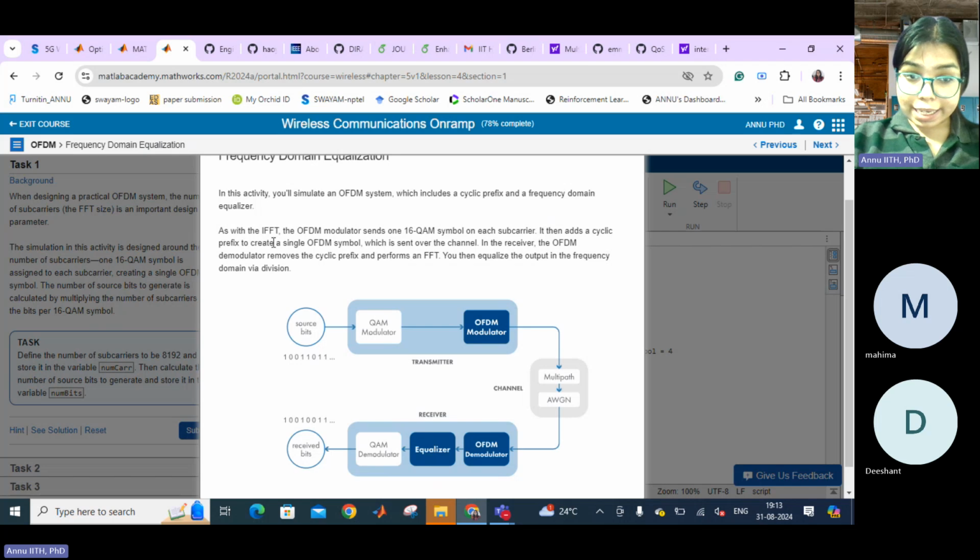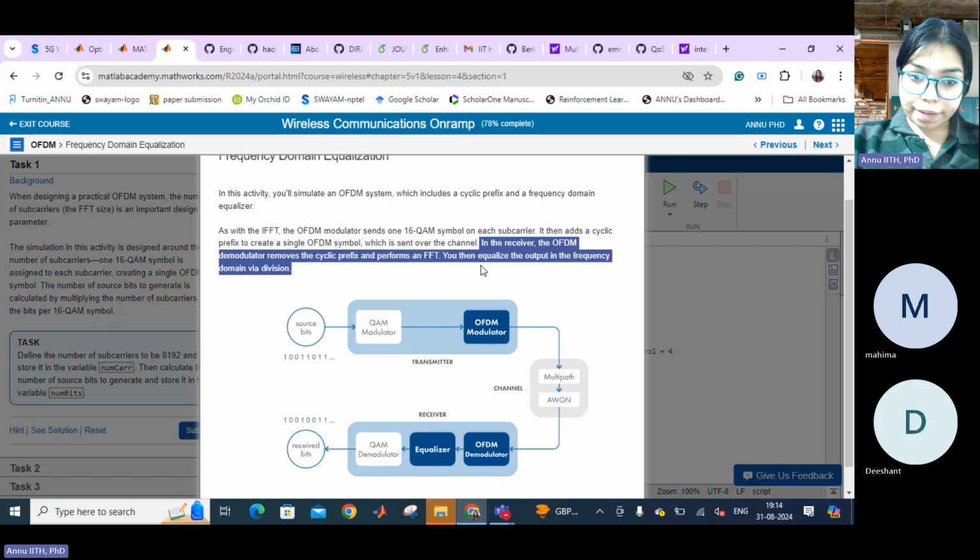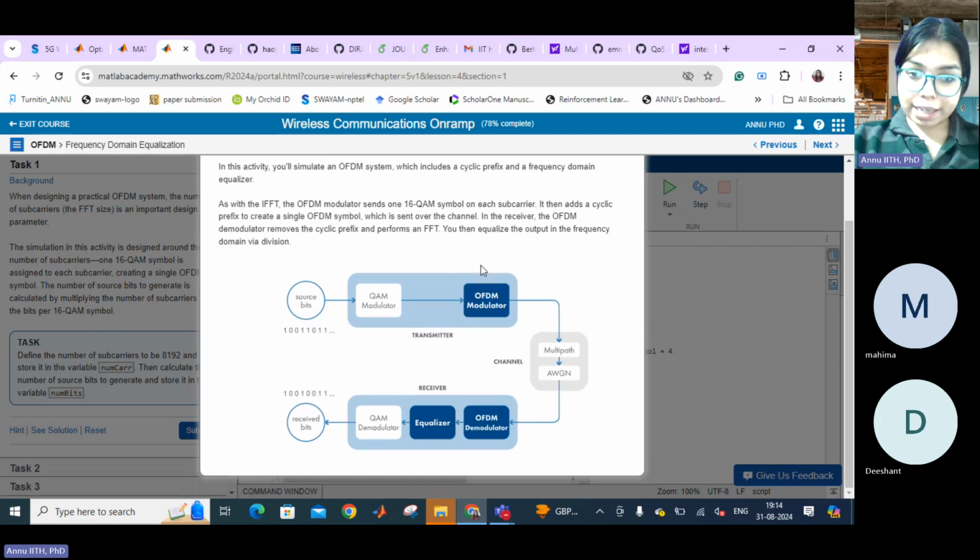It then adds a cyclic prefix to create the OFDM symbol. The IFFT takes the 16-QAM symbols on the subcarriers, which are sent over the channel. In the receiver, the OFDM demodulator removes the cyclic prefix and performs FFT. You then equalize the output in the frequency domain via division. So this is the block diagram.